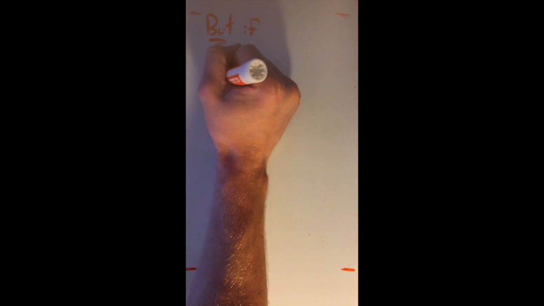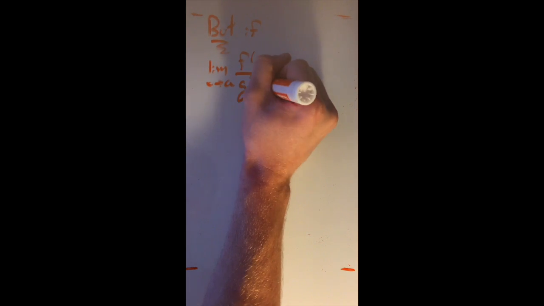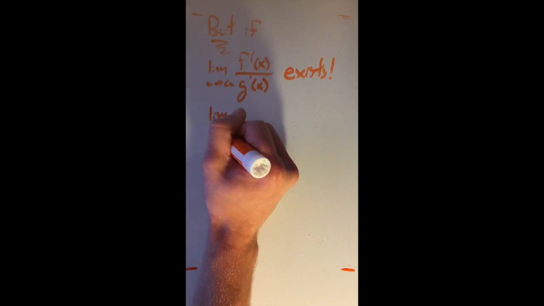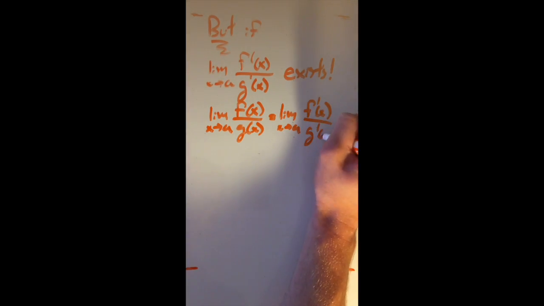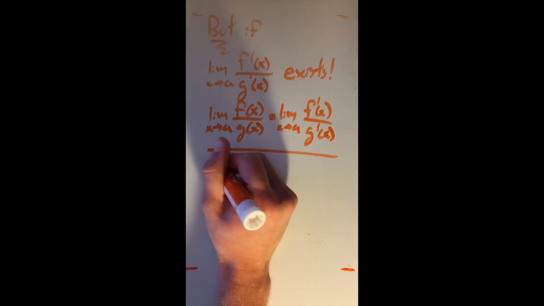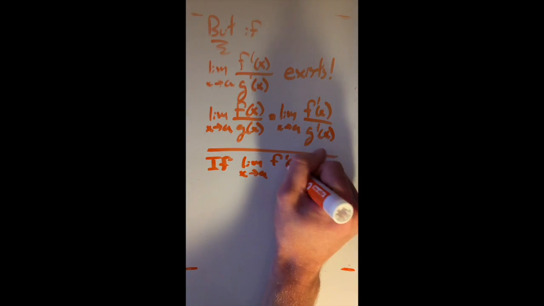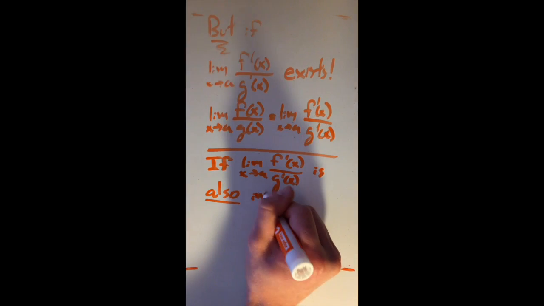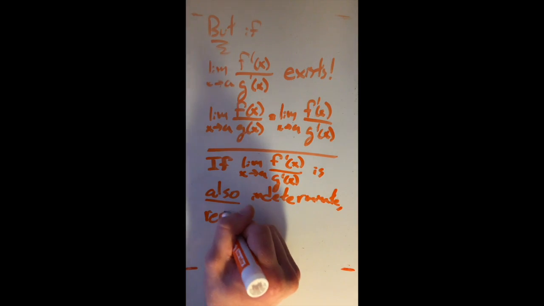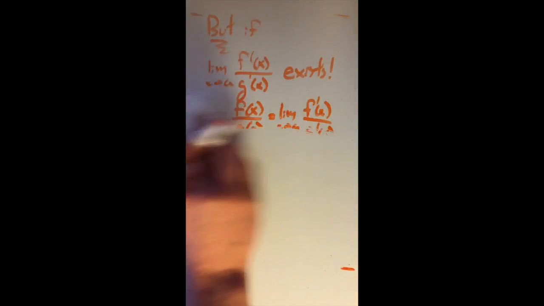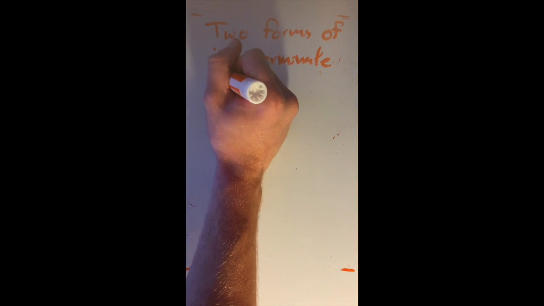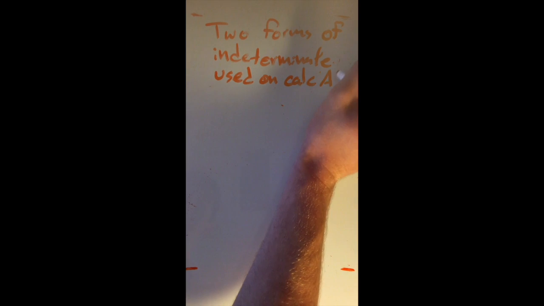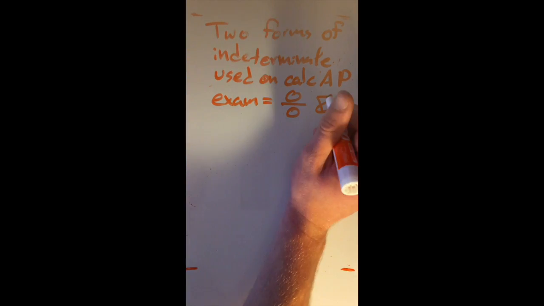But if the limit as x approaches a of f prime of x over g prime of x exists, then the limit as x approaches a of f of x over g of x equals the limit as x approaches a of f prime of x over g prime of x. If the limit as x approaches a of f prime of x over g prime of x is also indeterminate, repeat the whole process. Two forms of indeterminate form used on the AP test are 0 over 0 and infinity over infinity.